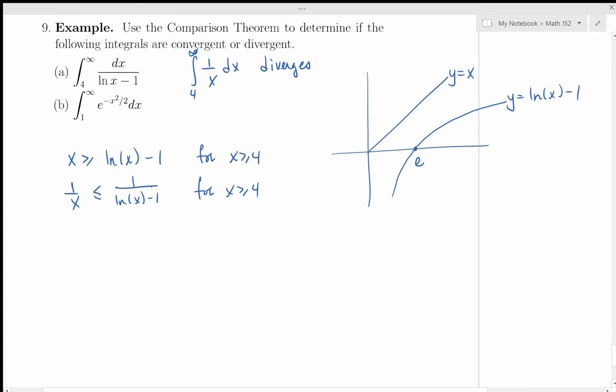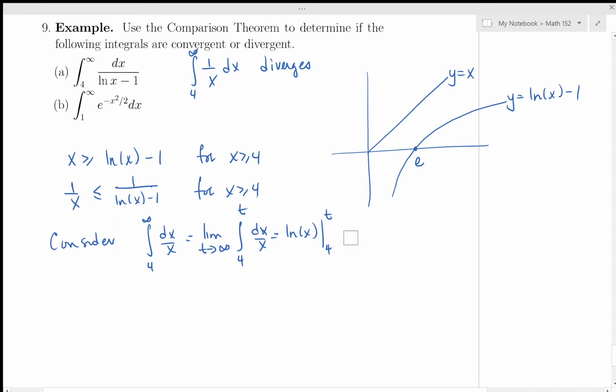Then I will consider the integral from 4 to infinity of dx over x, and I can do that quickly. That's going to be the log of x evaluated at 4 and t, and that diverges.